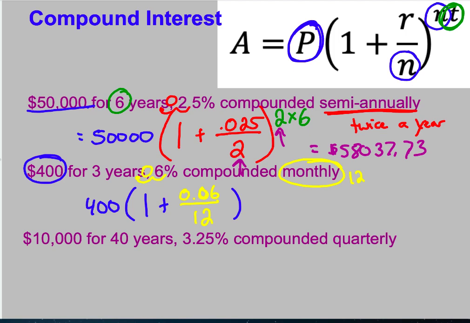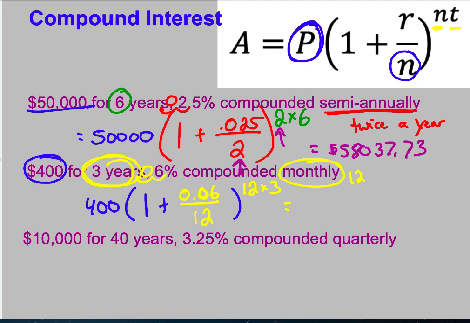I divide by how many times it's being calculated. We're breaking that rate up over 12 months. My exponent is going to be the number of times it's being calculated, multiplied times how long it's going to be going. So it's going to be done 12 times a year for 3 years, so 12 times 3.